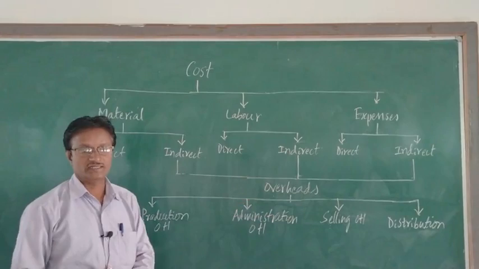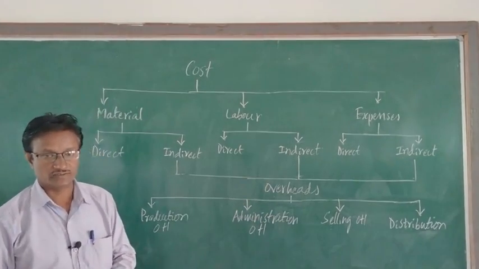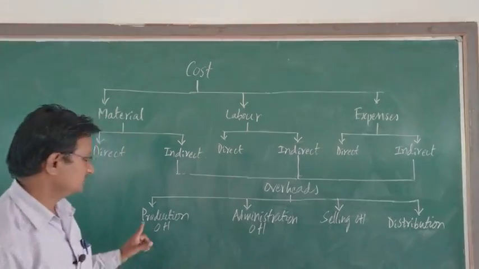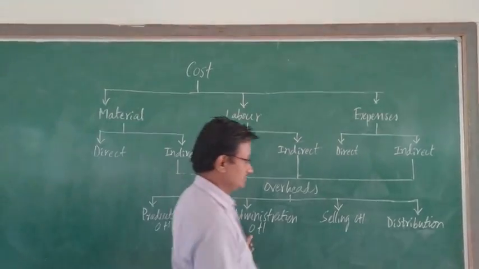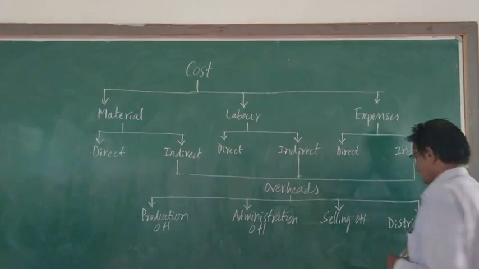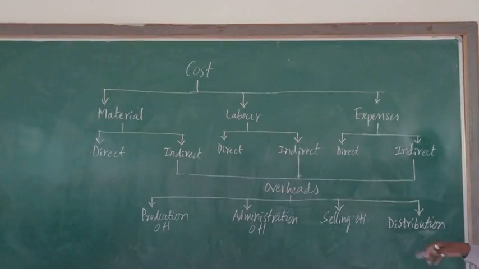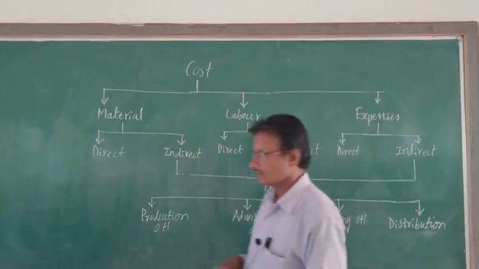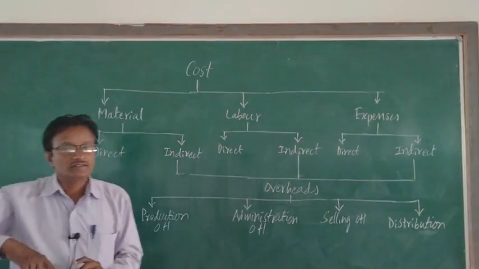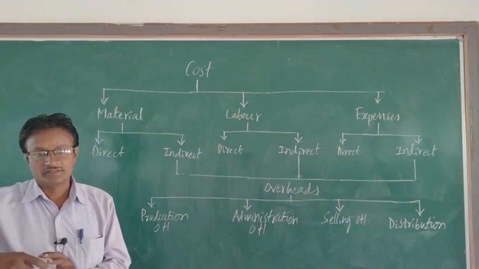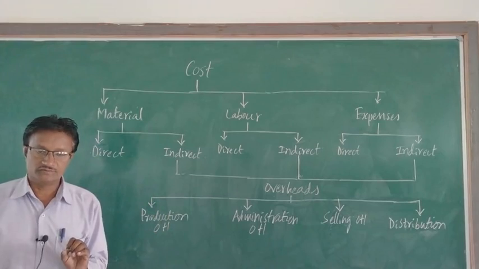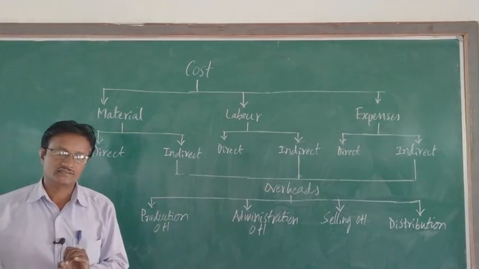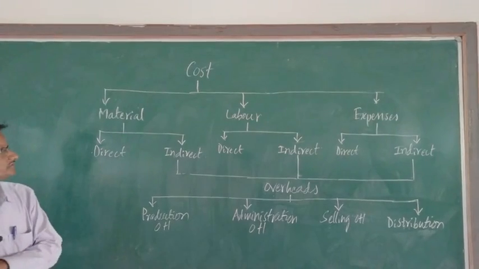And again, overheads are classified into four types. Number one is production overhead, number two administration overhead, number three selling overhead, and number four distribution overhead. Let us know the meaning of various types of costs. We shall study meaning and examples of these types of cost.